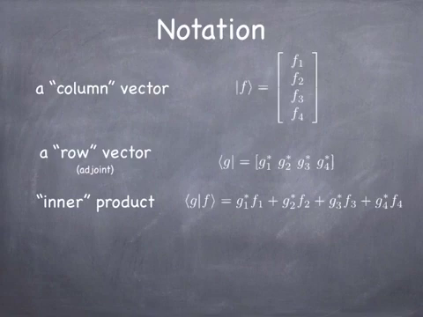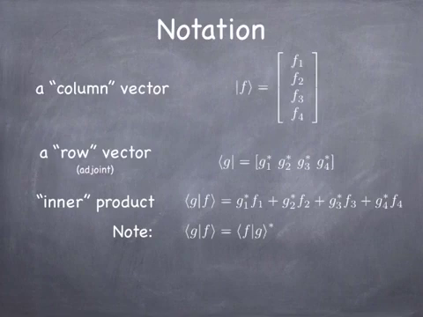So that's the inner product. I want to point out that when you compute the inner product of g and f, it's the complex conjugate of what you get if you compute the same inner product in the opposite order, f on g.